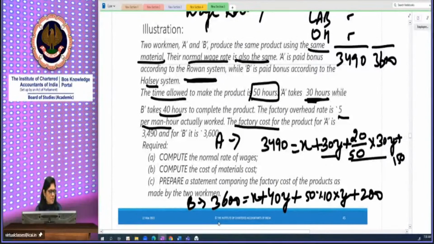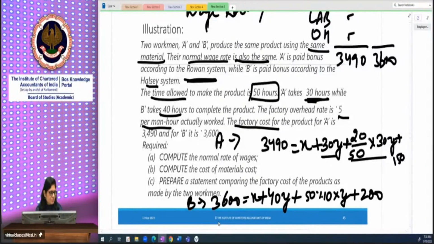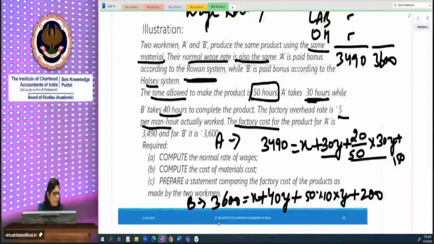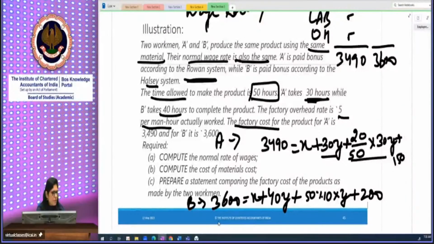I hope you must have understood this. Shubham, what was the query? In the Halsey plan, the employee won't save, he will earn more, right? You have to see, you just take different combinations and try. I will advise you to just do this exercise on your own. Take different time saved and different time allowed.